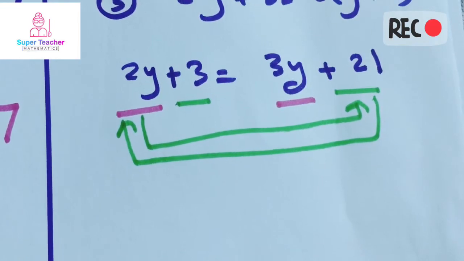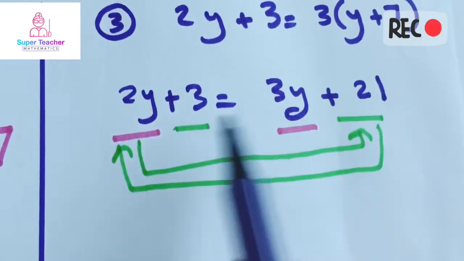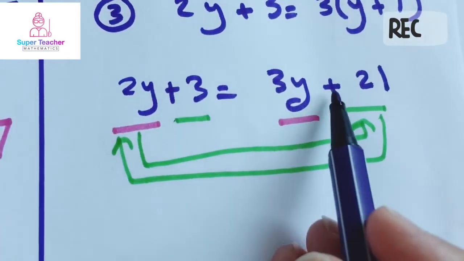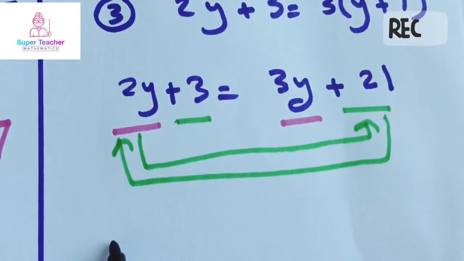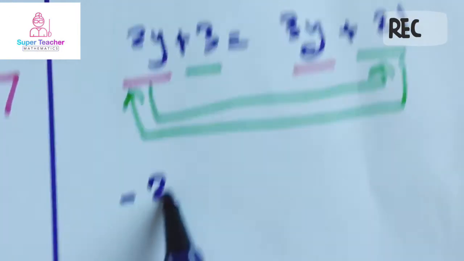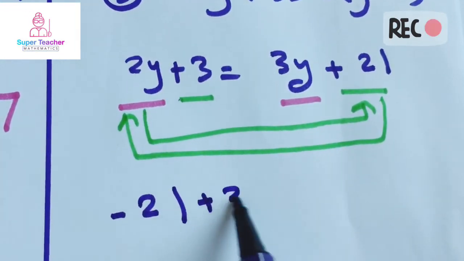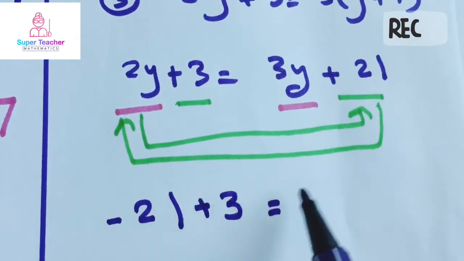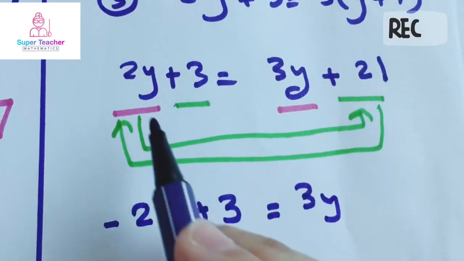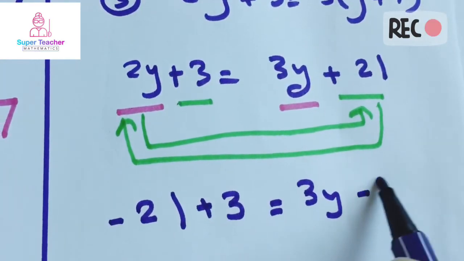The 21 is positive, so when I take it to the other side, it will be negative 21, and already I have 3 equals 3y. I didn't change it. I will take the 2y here, it will be negative 2y.